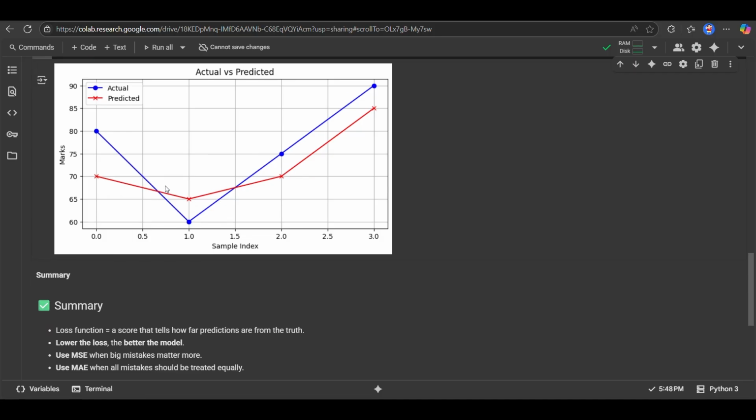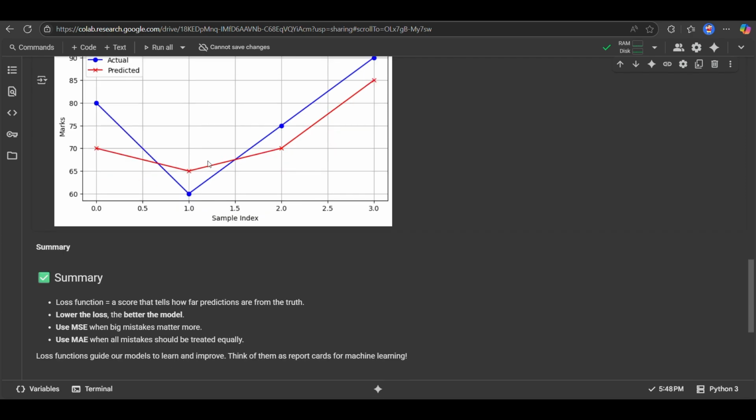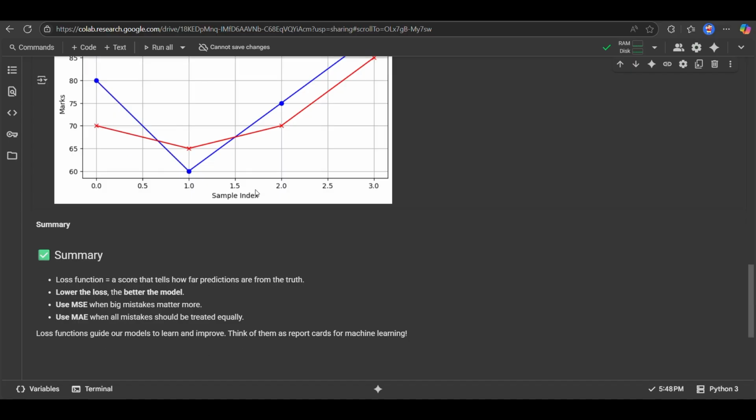As you can see, some predictions are very close and some are a little off. This visual makes it easier to understand the difference. The gap between the blue and red points is exactly what the loss function is measuring.